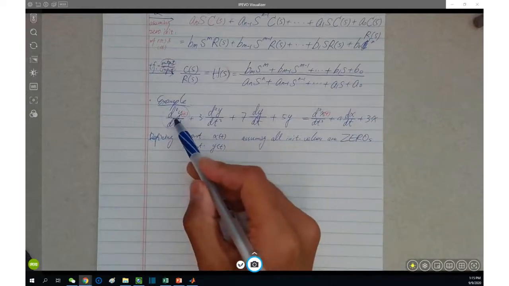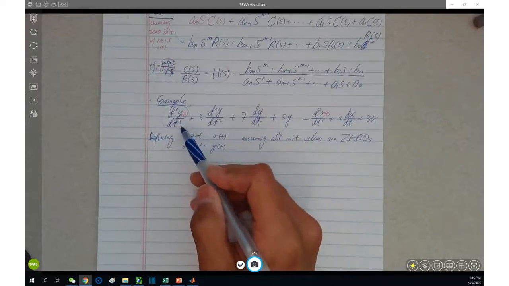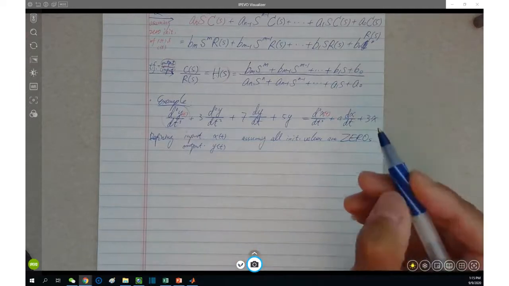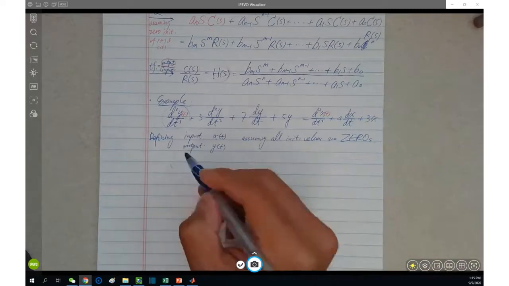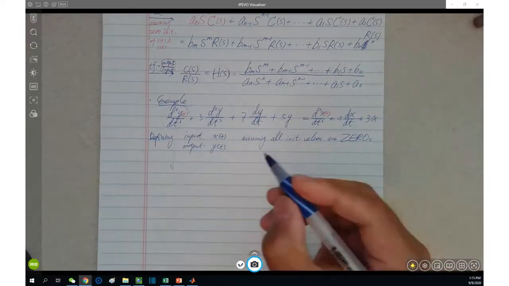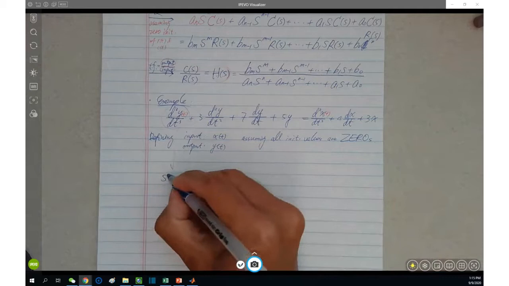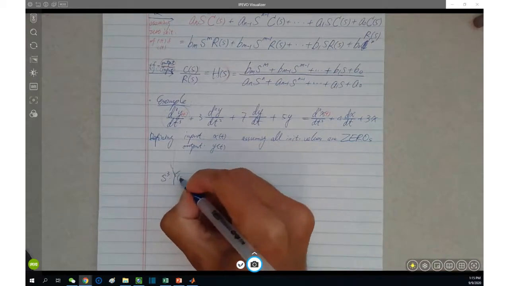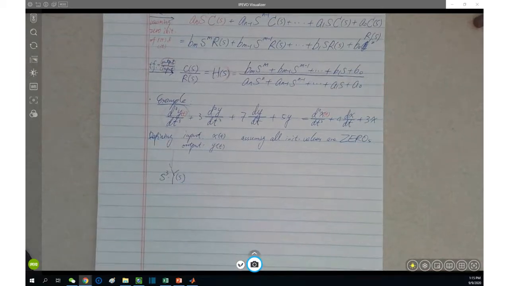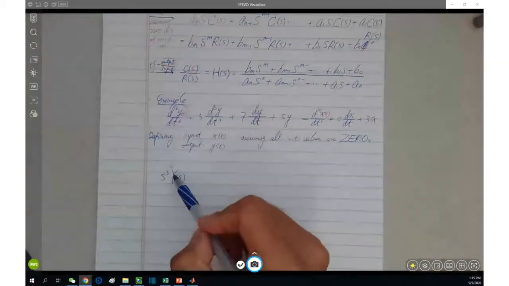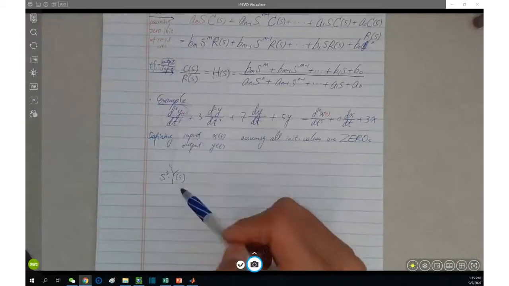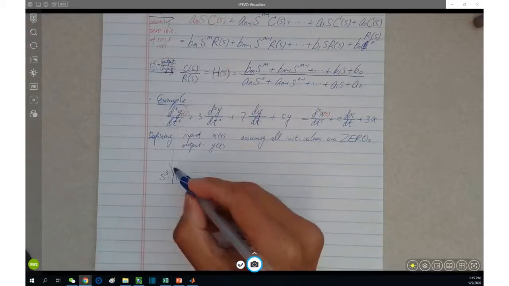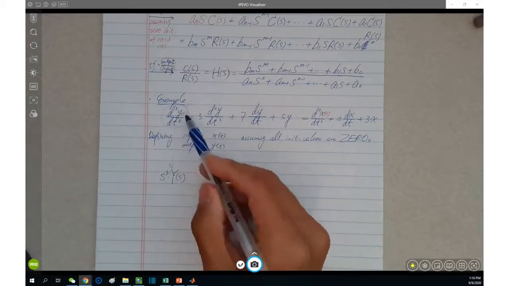The third order derivative of y of t with respect to t cubed here, the corresponding Laplace transform result is s cubed times Y of s. Lowercase y becomes capital Y, and of t becomes of s. This is the Laplace transform result for the first term.